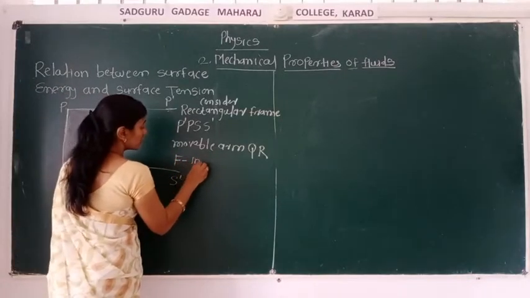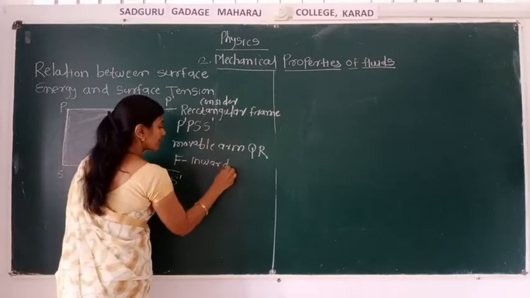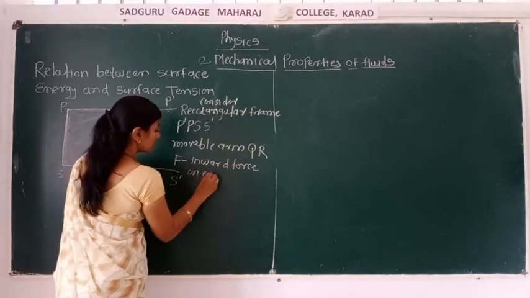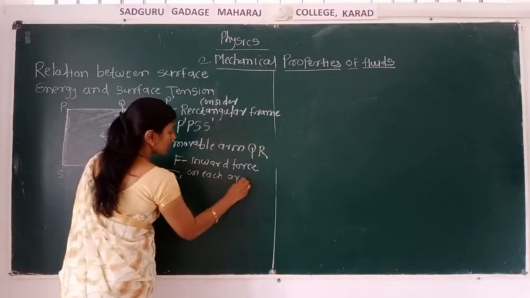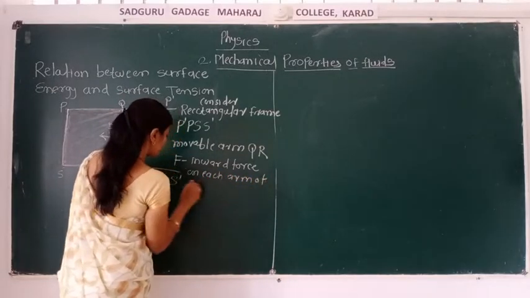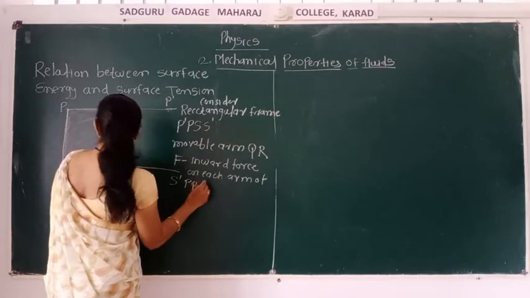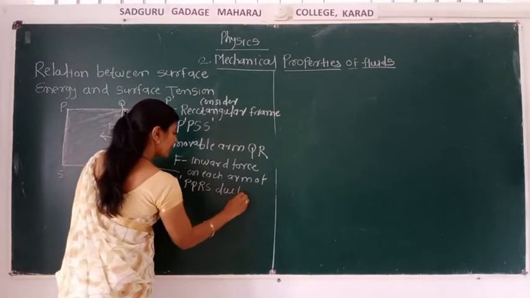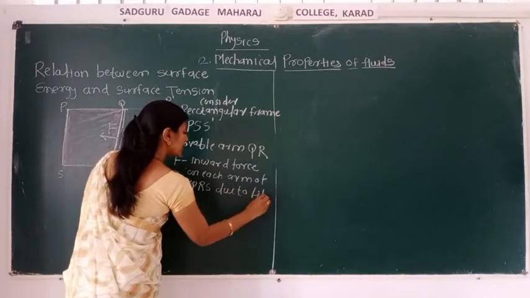F is an inward force on each arm of PQRS due to the film. How are we getting that inward force?